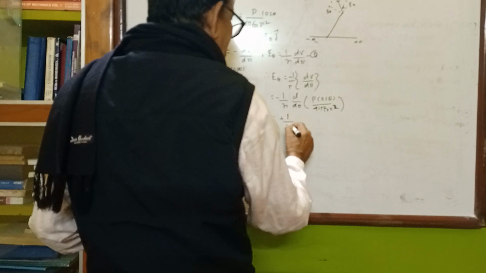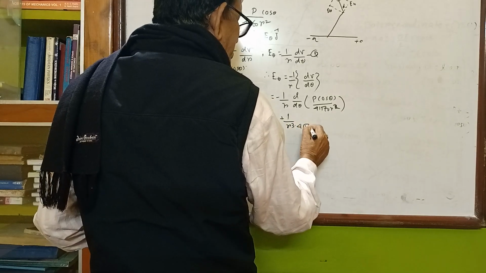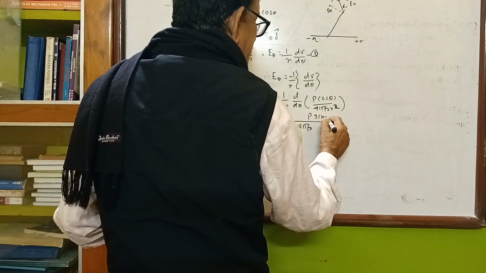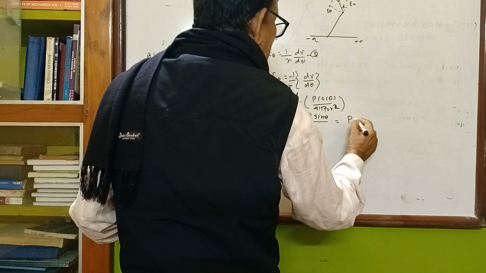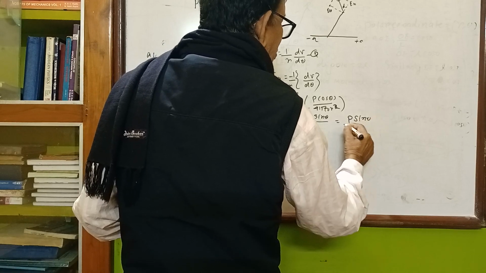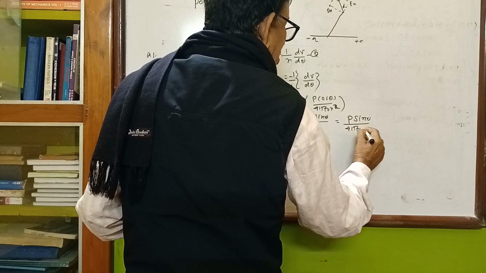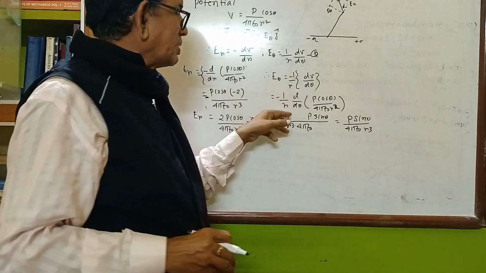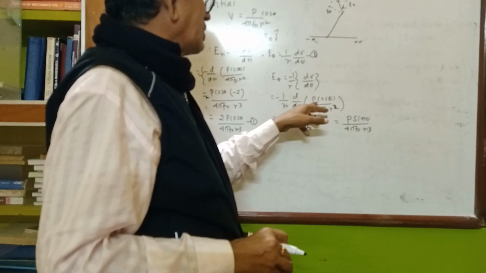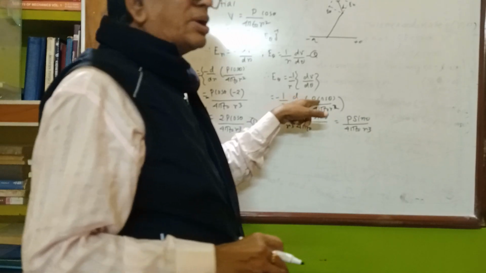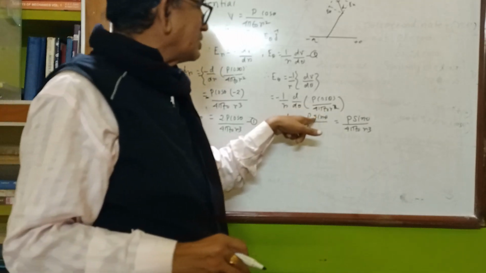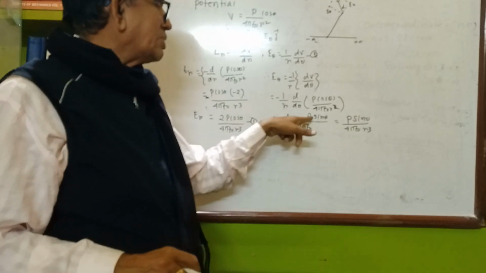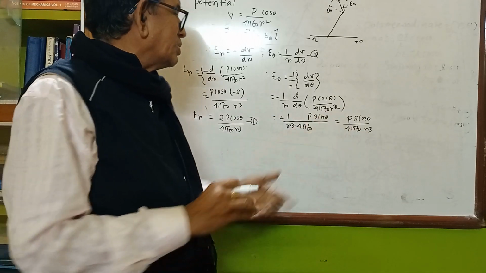So it will be 1 by r cube 4 pi epsilon naught p sin theta, or you can write p sin theta by 4 pi epsilon naught r cube.